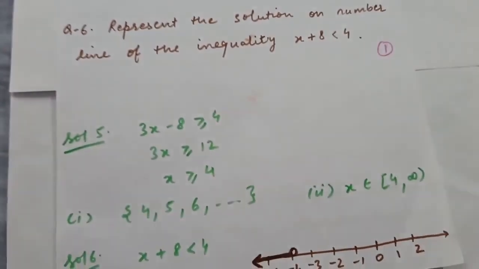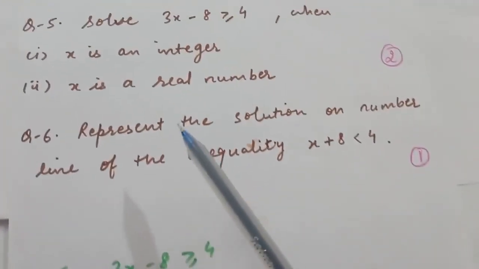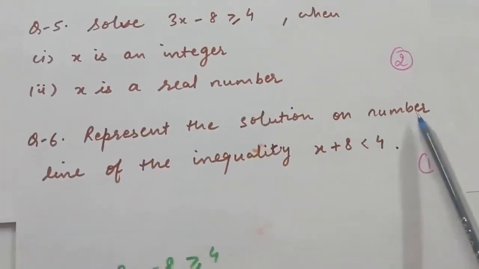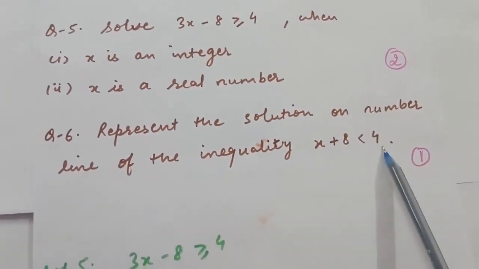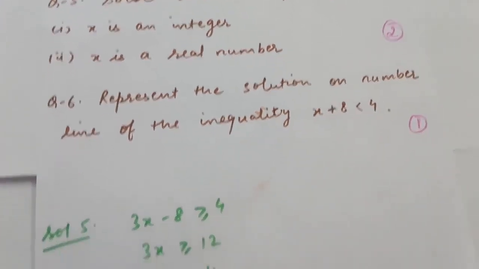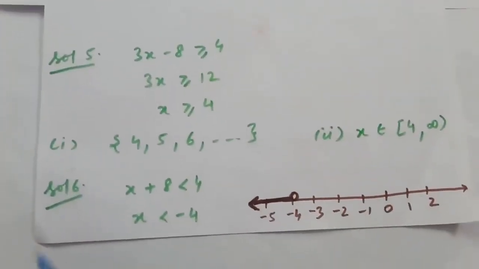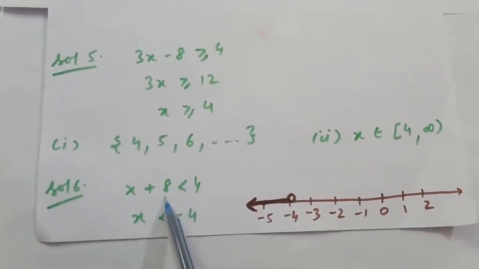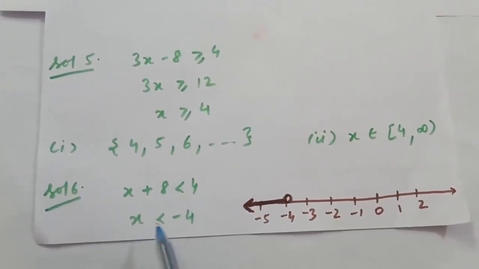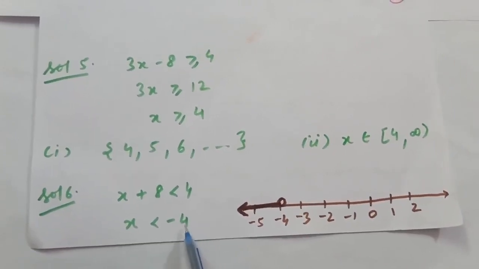Clear? Now question number 6. Represent the solution on the number line of the inequality x plus 8 less than 4. We have to represent its solution on the number line. So let us solve it. x plus 8 less than 4. Subtracting 8 from both sides, you will get x less than minus 4.